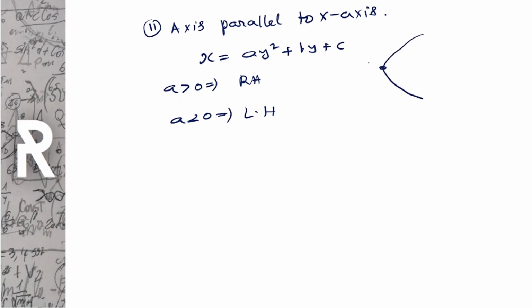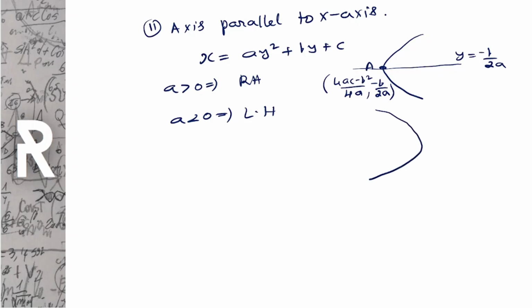We get the same way, vertex: x coordinate and y coordinate change, ((4ac minus b square) by 4a, minus b by 2a). Equation of axis: y equal to minus b by 2a. In the a negative case, coordinates same, axis also same.